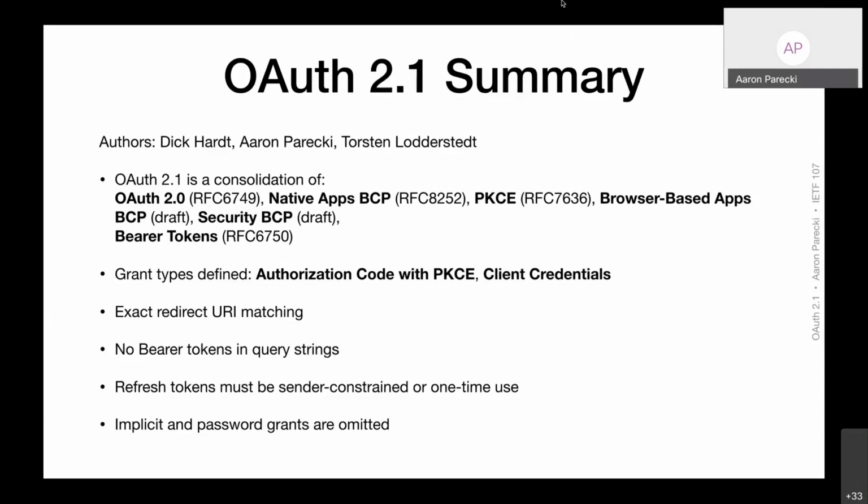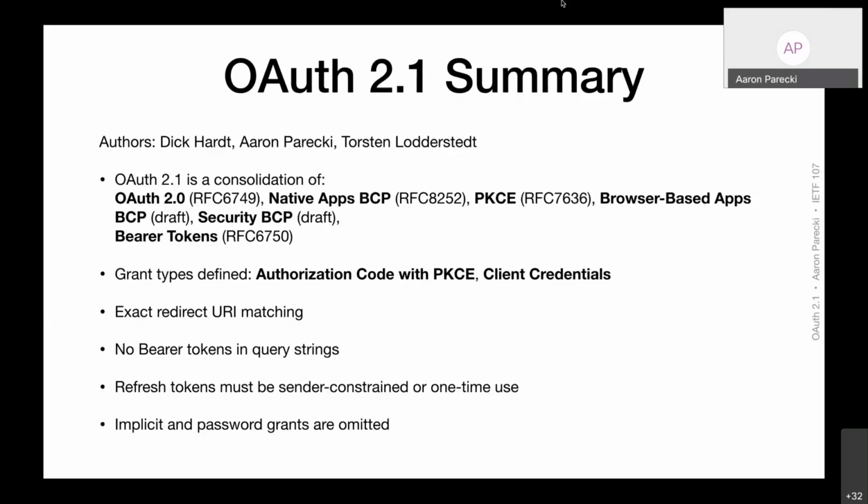The security best current practice is taking out the password flow. It's also taking out the implicit flow, and it also requires, well, very nearly requires PKCE on the authorization code flow.